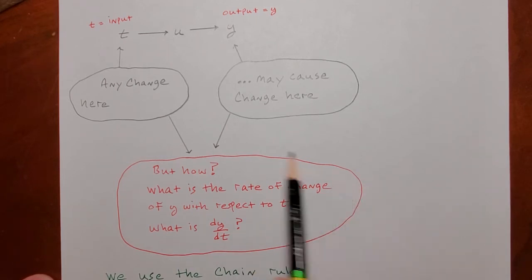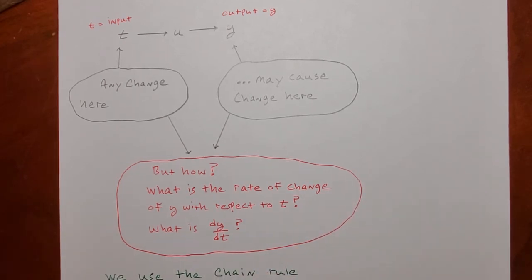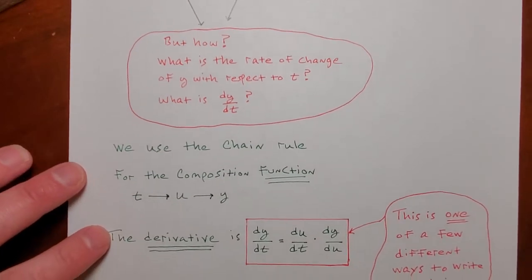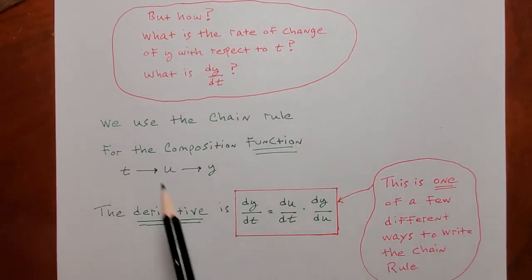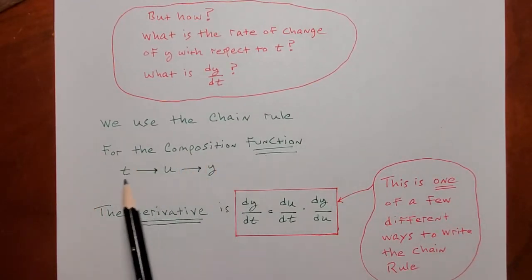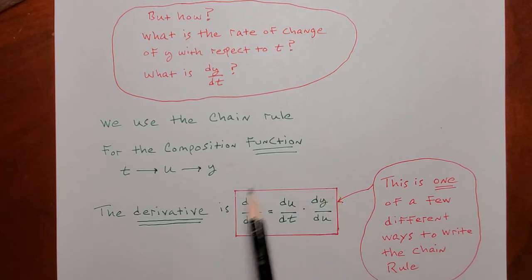All right, so that's what I'm really interested in when I'm doing calculus, and specifically this time when we're talking about the chain rule. So in this situation, when we have a composition function like this, t determines u and then u determines y, then there's the derivative.